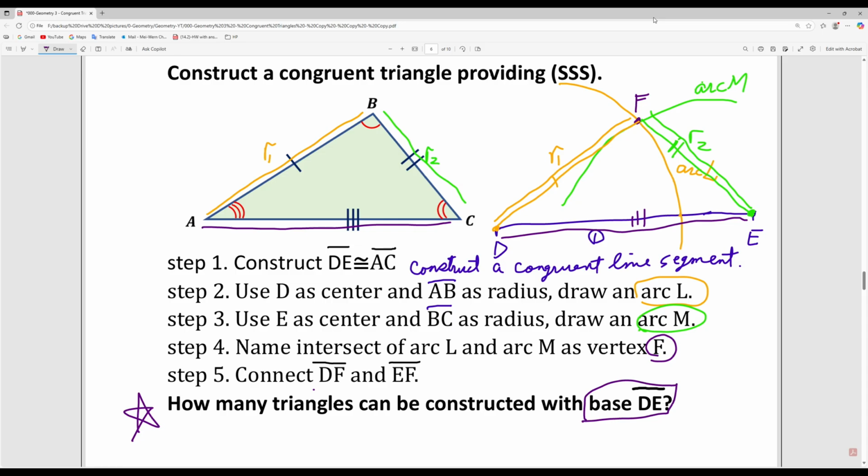No matter you draw this triangle somewhere else or on top of the original triangle, they should be the same triangle because the only one. Exactly only one triangle can be constructed.